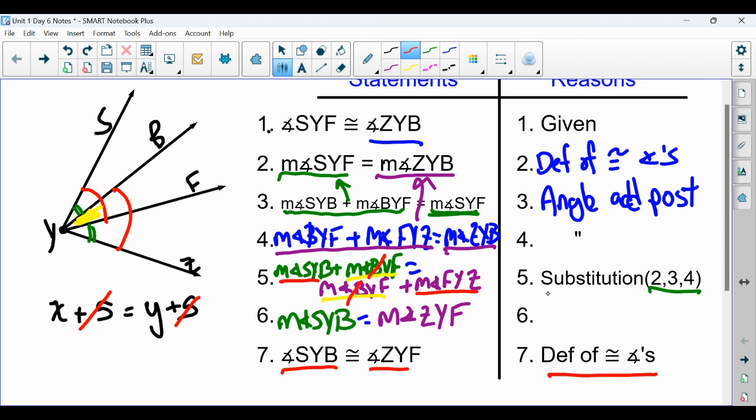What lets me do that? That is the subtraction property of equality on step 5.